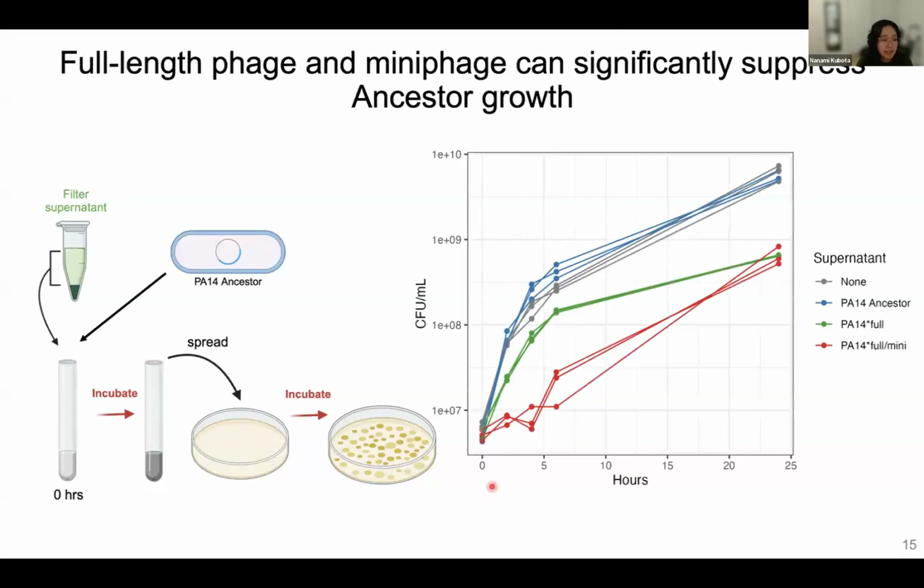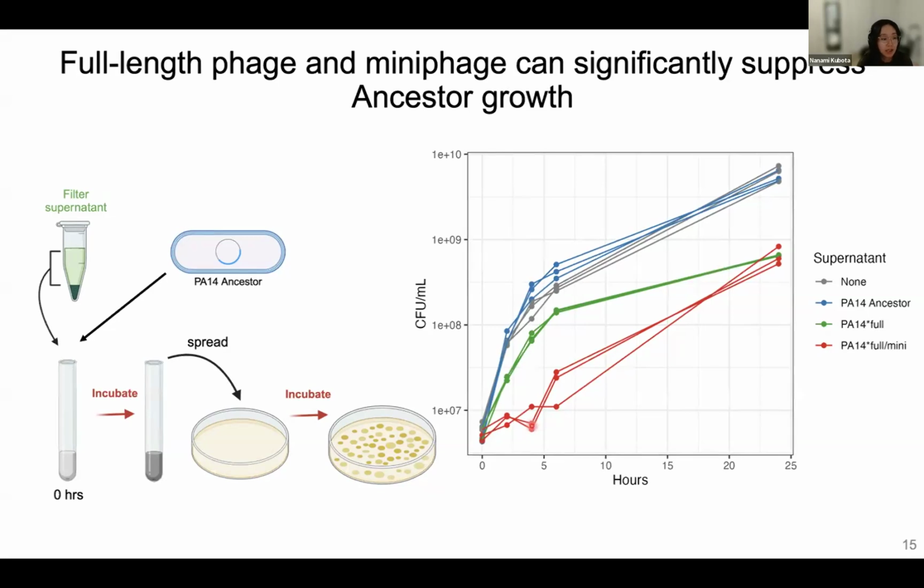And we can see that, yes, our full-length phage does suppress ancestor, but once you have a combination of full and mini phage, it can suppress it early on.